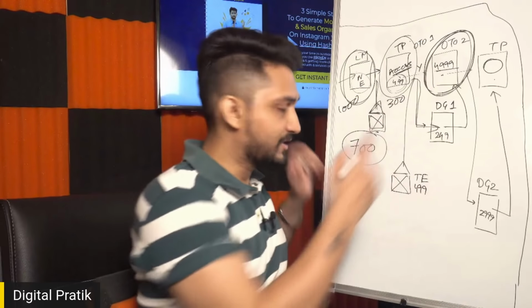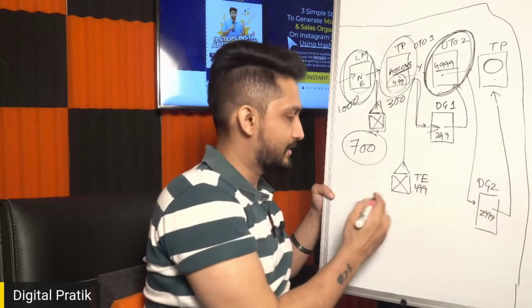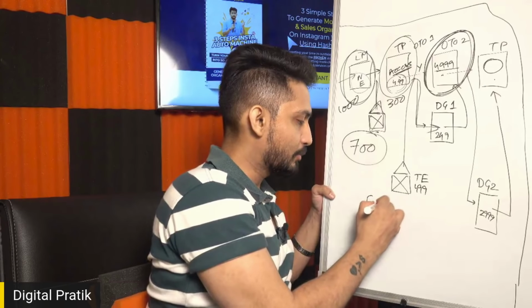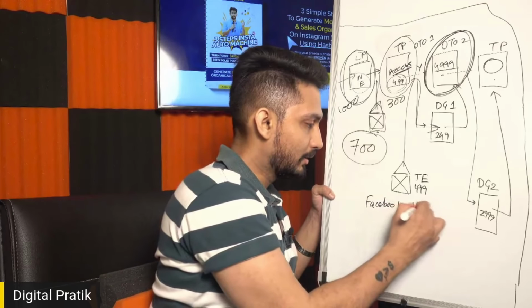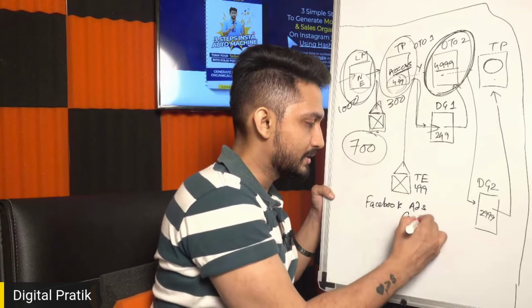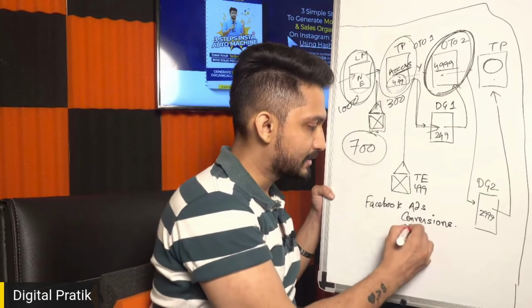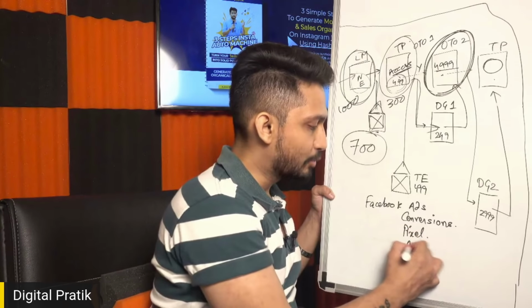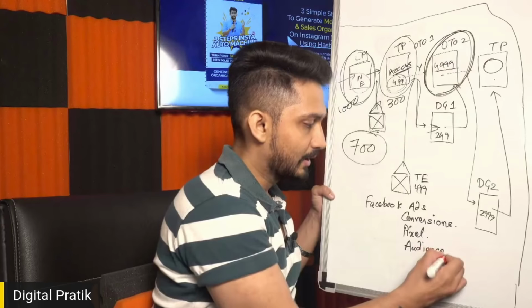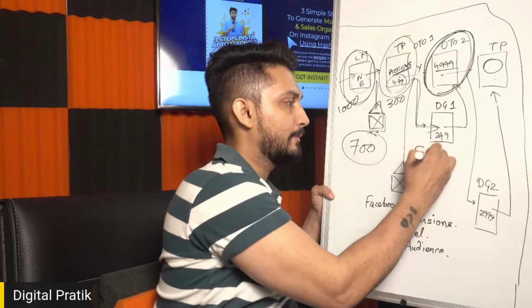So there are plenty of things which come up when you talk about these. Number one, you talk about Facebook ads. You talk about Facebook conversions. You talk about Facebook pixels. You talk about Facebook audiences, custom audiences. You talk about email marketing.